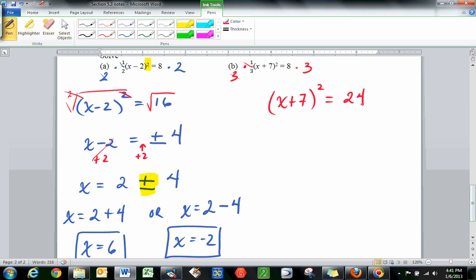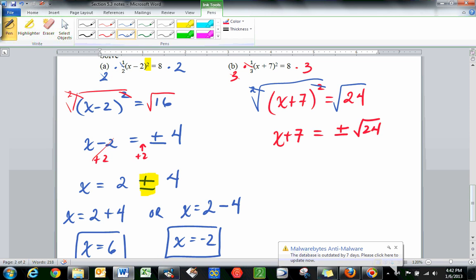Now, in this particular case, the x + 7 is a binomial. It is being squared. That term has been isolated, so that gives us the ability to go ahead and take the square root of both sides. Keep in mind that's an understood 2, so that root cancels out that power, leaving us with x + 7 = ± the square root of 24.